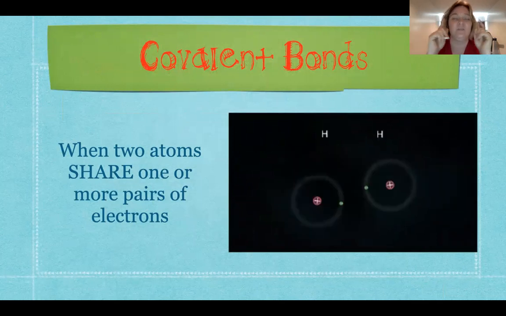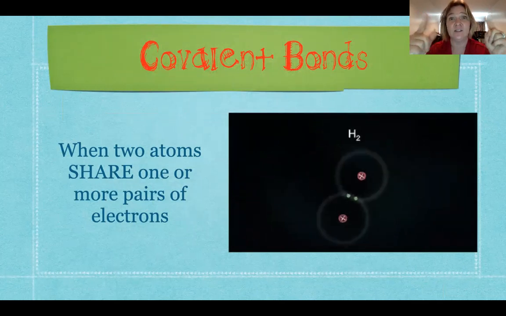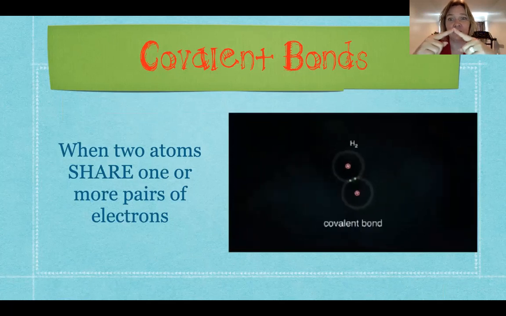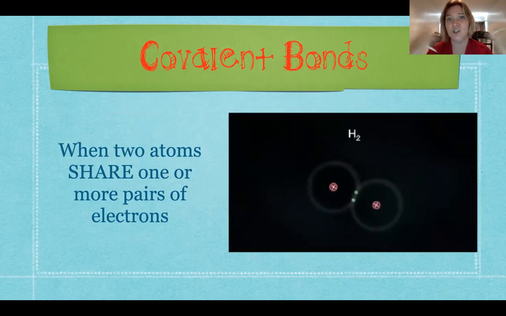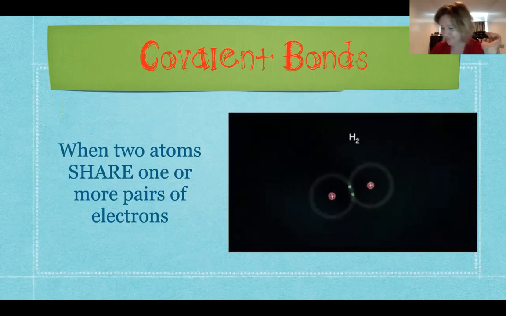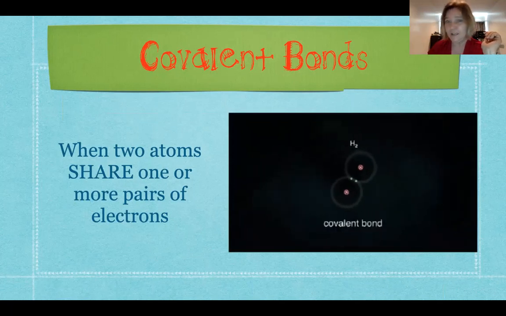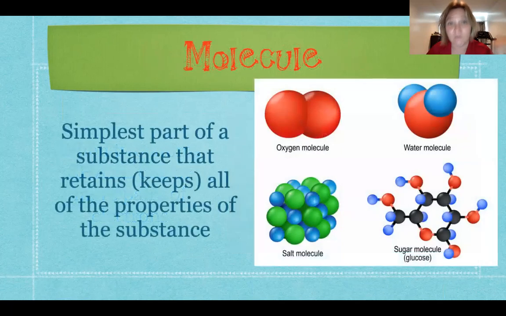So if two hydrogens each share 1 electron with each other, then they can both have 2. Sharing is caring. When a covalent bond forms, we call that compound a molecule. The word molecule specifically implies covalent bonding.